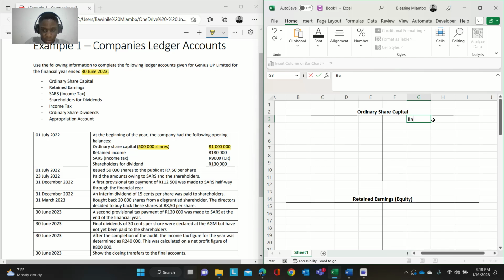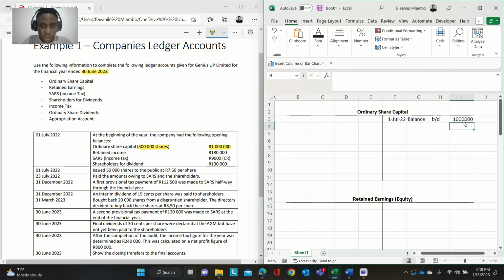So the opening balance, we call it the balance brought down, which is on the 1st of July 2022. So on the 1st of July 2022, we had a balance brought down of 1 million.